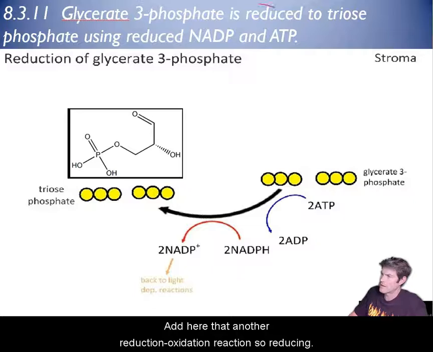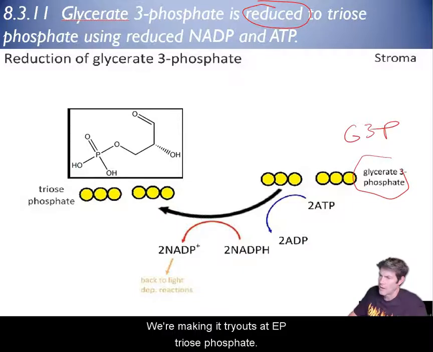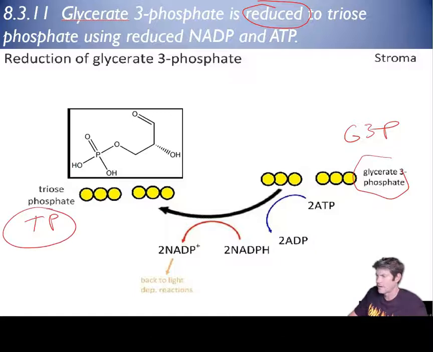And here, that's another reduction oxidation reaction. So we're reducing this G3P and we're making it triose phosphate, TP. So this NADPH is getting oxidized.